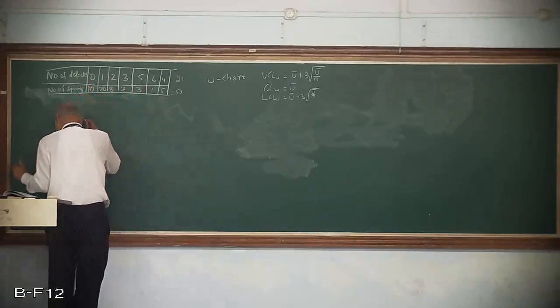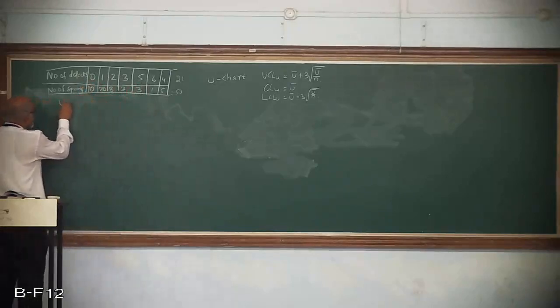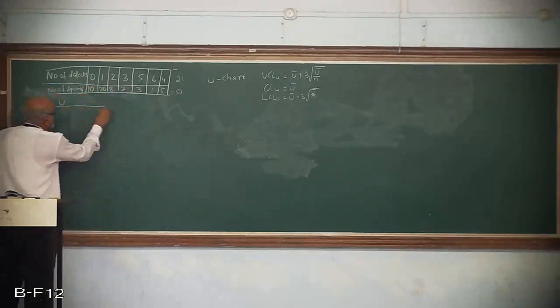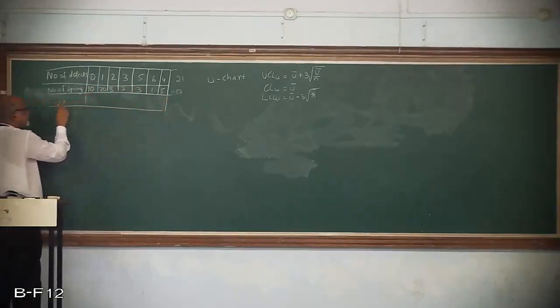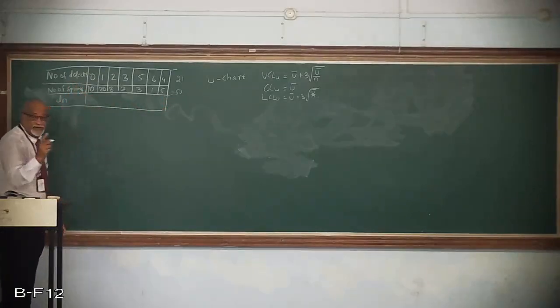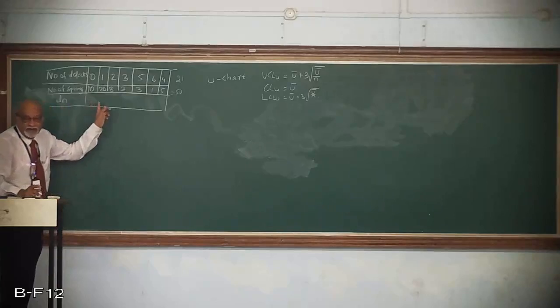That means actual U value I am finding out, that means defect per unit. Defect per unit, I denote it by dn, defects per unit, per spring in this case.